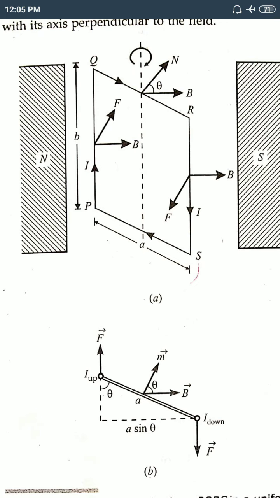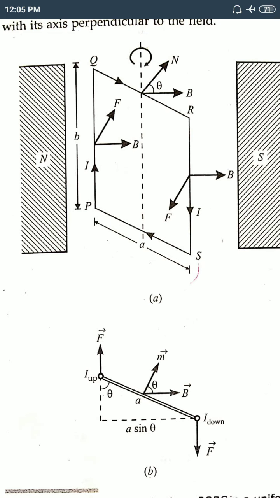Now here, consider I is the current flowing through the coil PQRS, and small a and small b are the sides of the coil PQRS, because it is a rectangular coil. One is the length, another is the breadth. A into b gives us the area of the coil, capital A, because length into breadth gives the area of a rectangular surface.